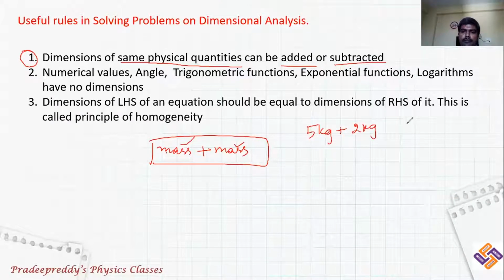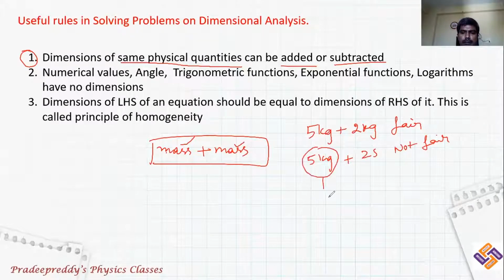This is fair. 5 kg, you cannot add it to 2 seconds. This is not fair, because 5 kg is mass. 2 seconds is time. Time is a different physical quantity. Mass is a different physical quantity. You cannot add these two, or you cannot subtract these 2 quantities.